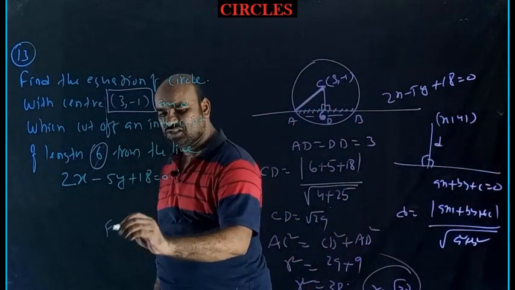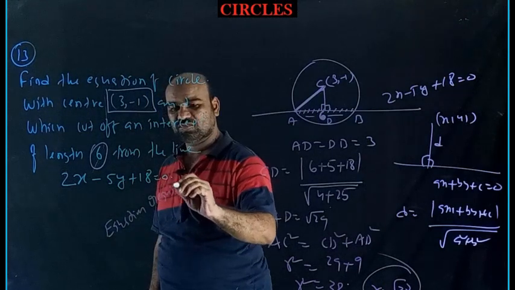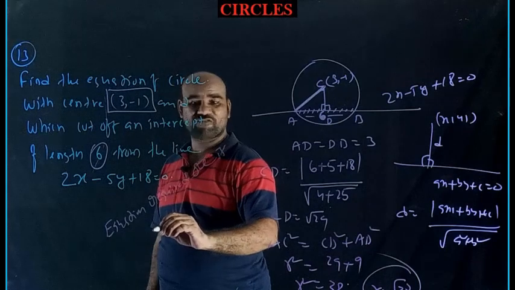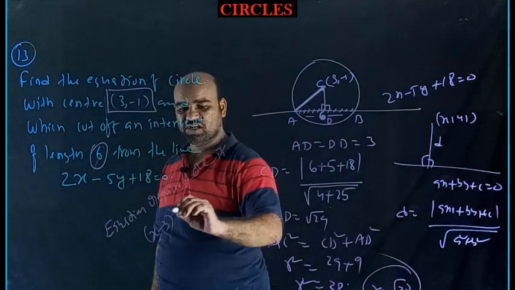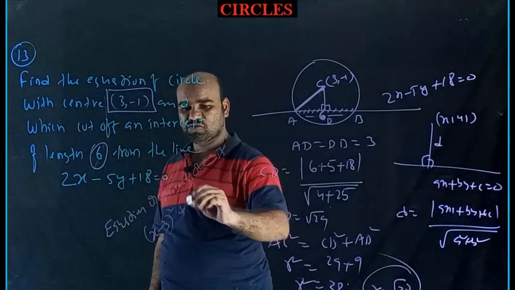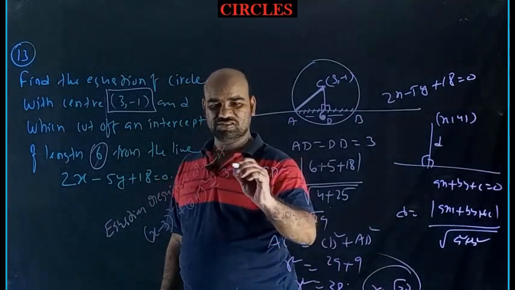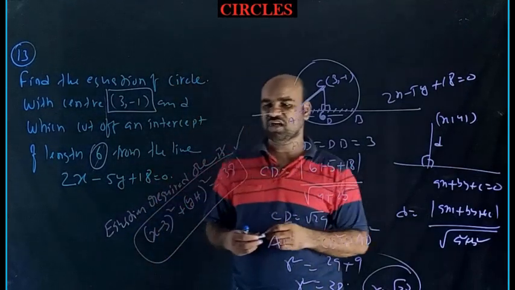The equation of the required circle in standard form is x minus 3 whole square plus y plus 1 whole square equal to R square, which means 38. This is the equation of the required circle, or you can simplify it.